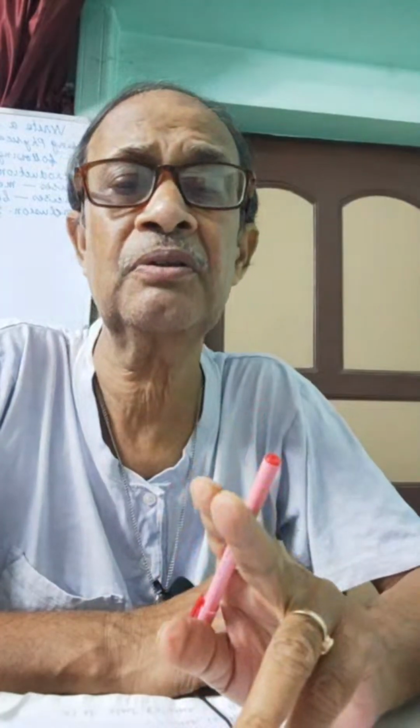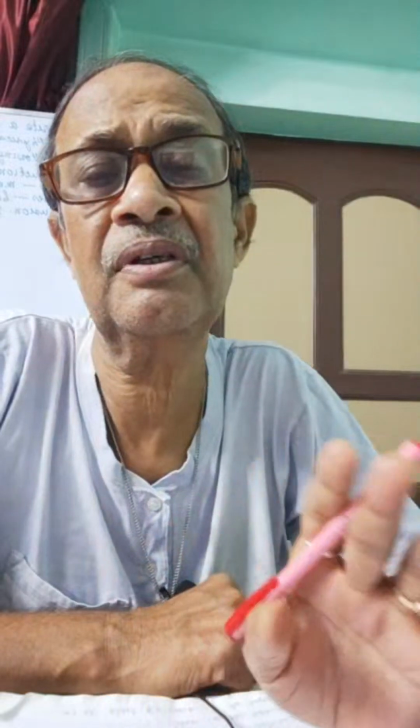You do, principal clause, or you die, another principal clause, another independent clause. So, or is connecting two clauses, you do or you die. Clear?